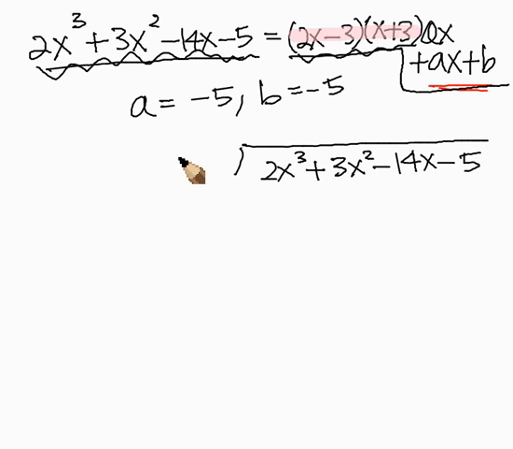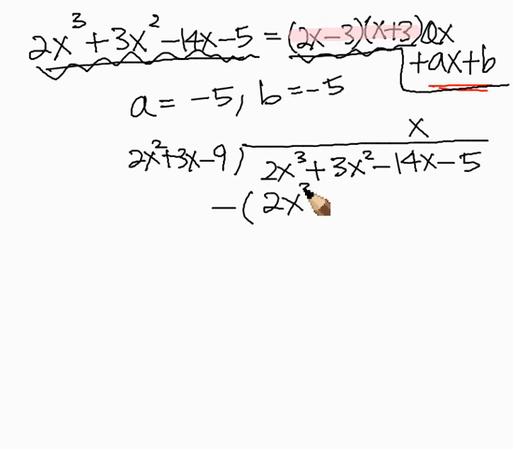I have this, and on that side I have 2x squared plus 3x minus 9. Same thing, 3 terms to 3 terms, so I must start with the first term. 2x cubed divided by 2x squared gives me x.